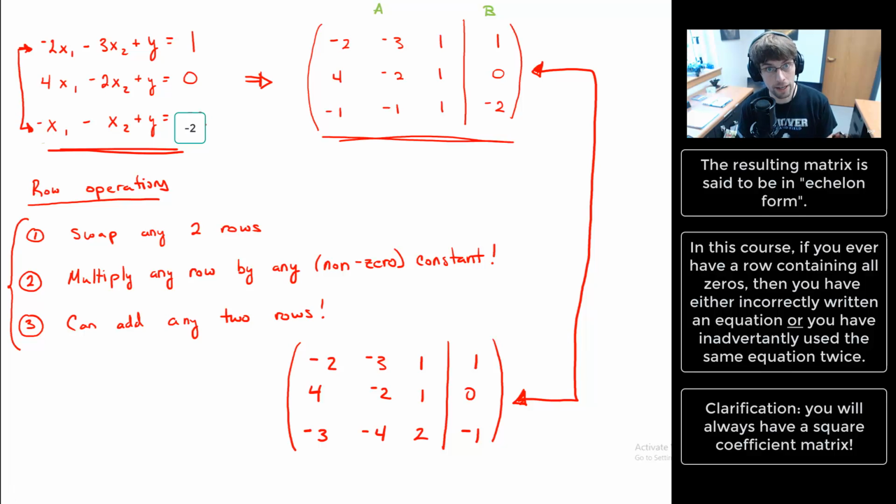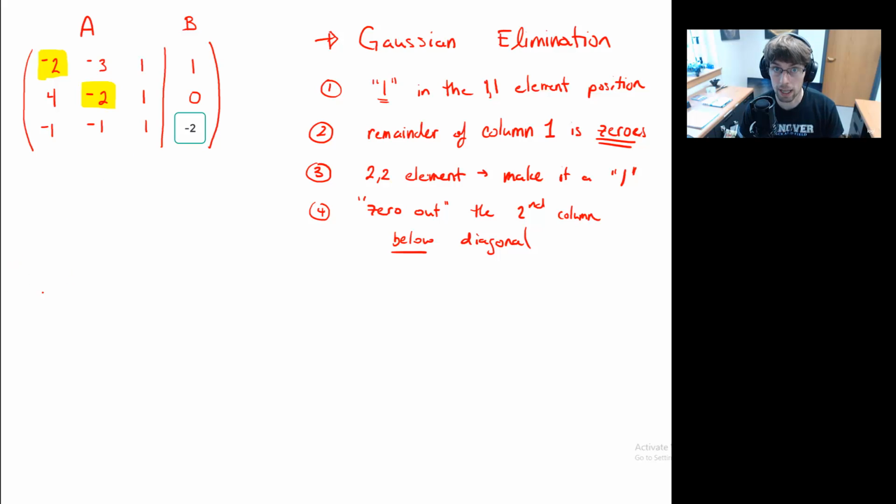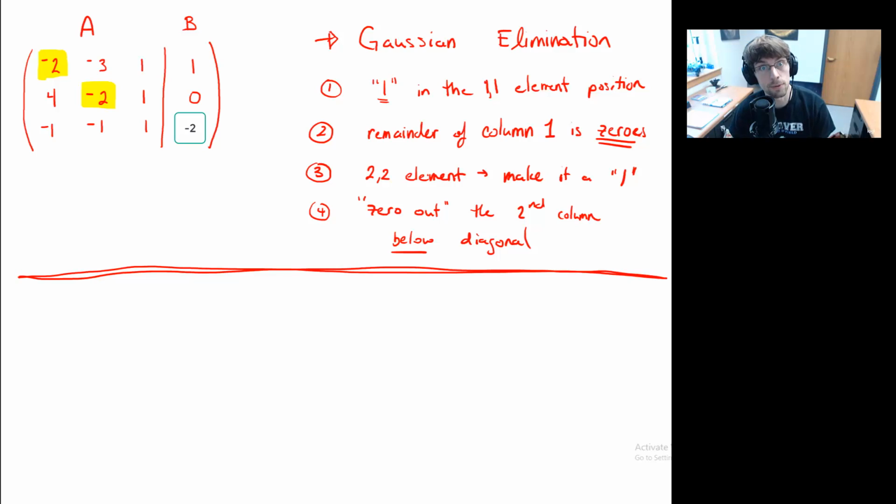In this class, you will always end up with a square matrix. Each column represents an unknown, and each row represents a different equation. And so you will always have the same number of rows as columns. If you want some other funky situations, go and take linear algebra. It's a really great subject. So let us now go ahead and perform row operations and do this Gaussian elimination procedure.